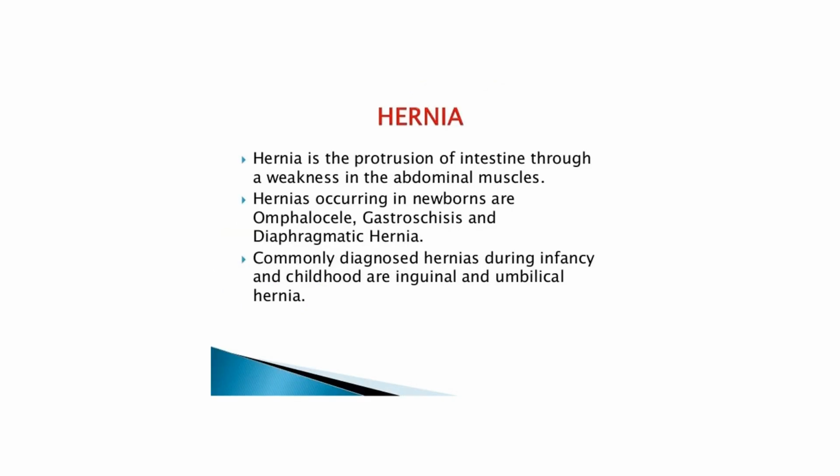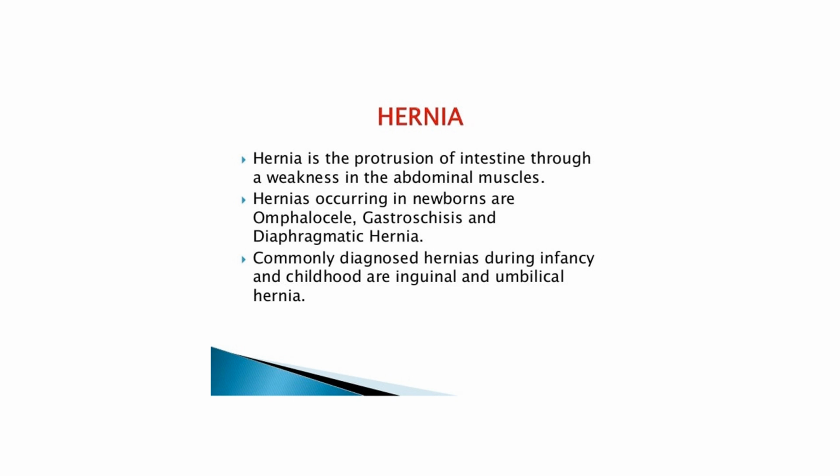Hello everyone, today we are going to learn about hernia. So let's see what it means. Hernia is the protrusion of intestine through a weakness in the abdominal muscles. It is a condition in which an internal organ protrudes through the wall of the abdominal muscle cavity.